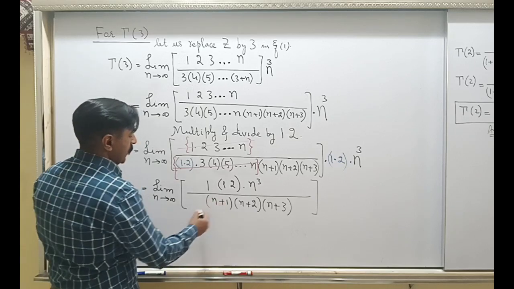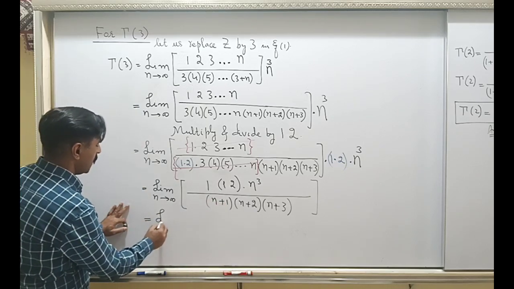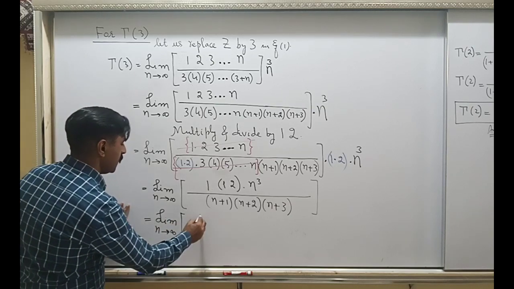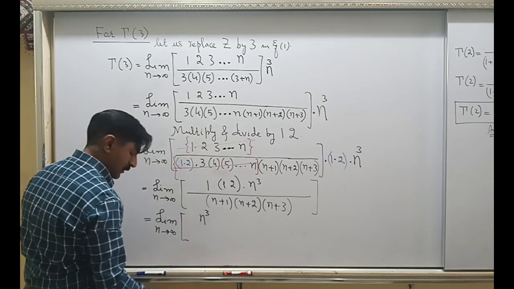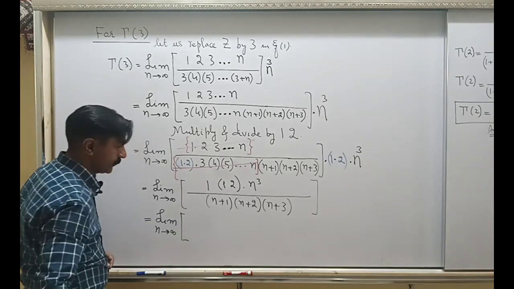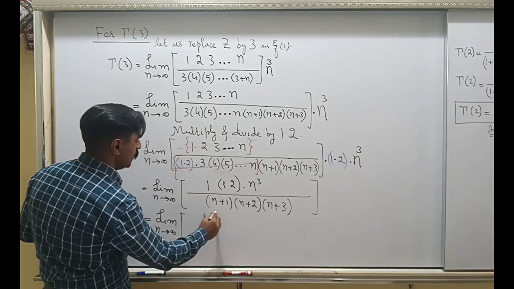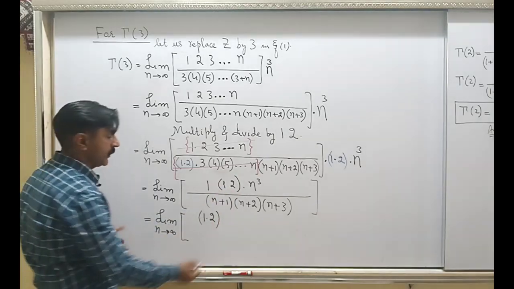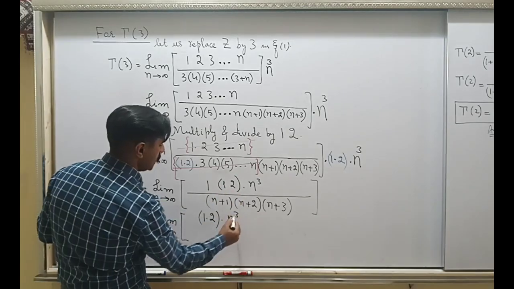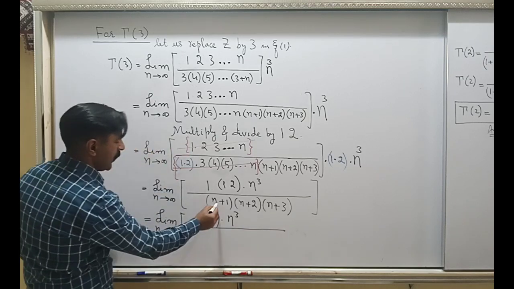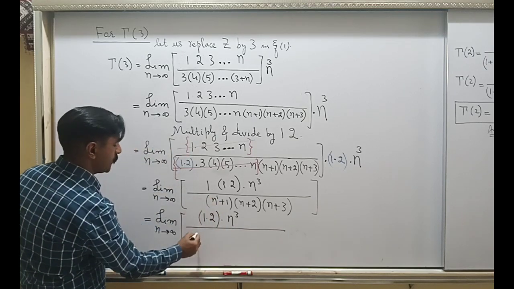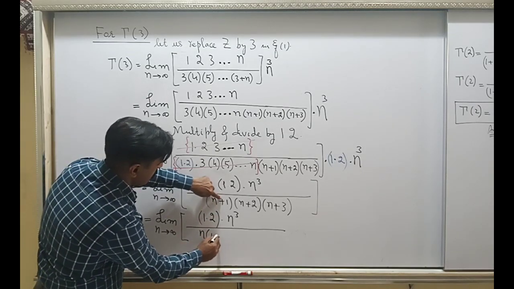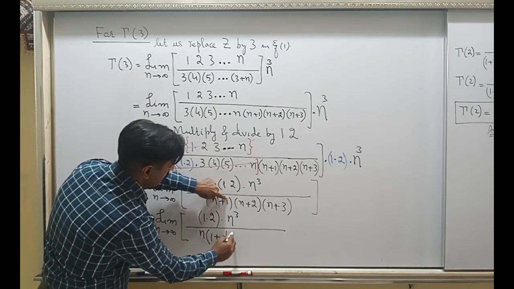So in the next step, limit n approaches infinity, n cube, let me write 1 and 2 also. So 1 into 2, leave this 1, multiplied by anything it will not affect anything. N cube over n power 1, this is pulled out and you will get 1 in place of this, plus here you will get 1 over n.